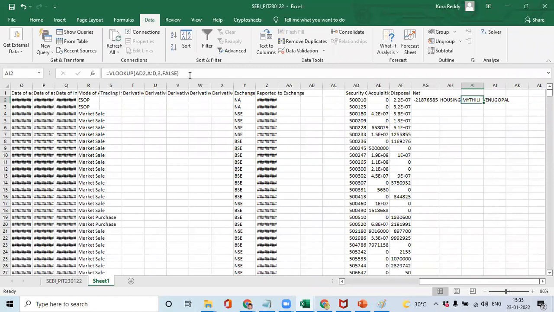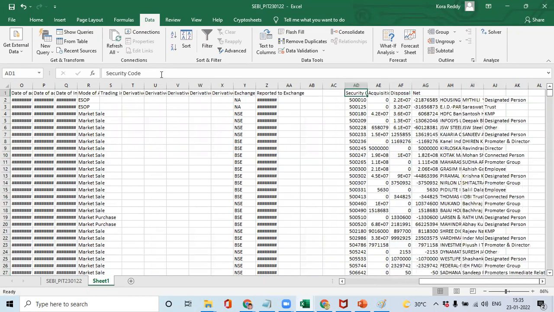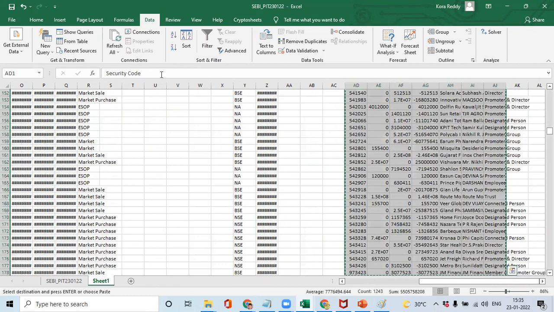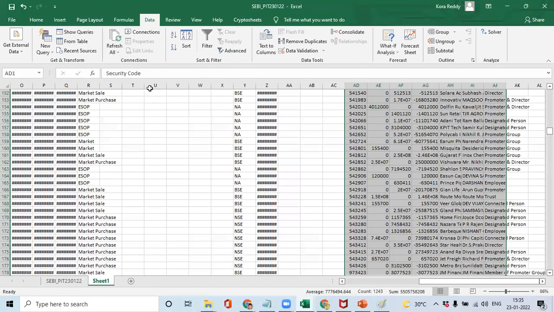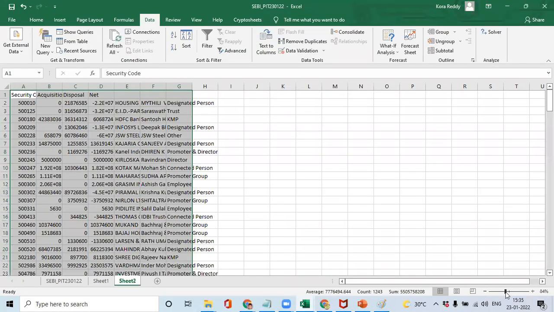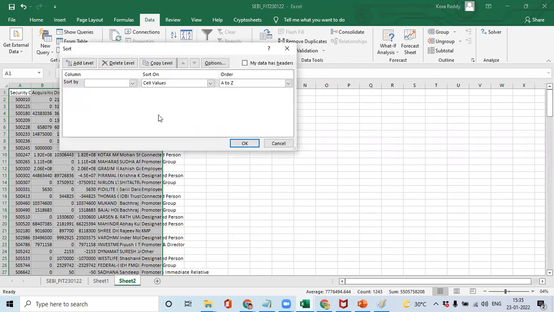And I want to know what is the relationship with the company. This is my final list. I will put it in a different sheet, and I will sort by net amount, largest first.